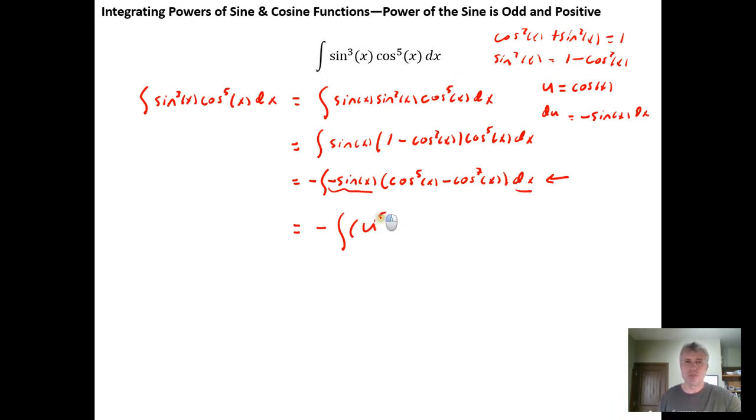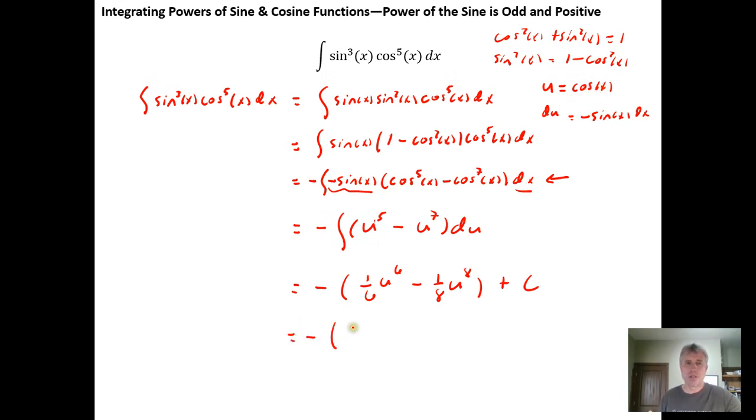So we would have u to the 5th minus u to the 7th du, and then we would integrate. We would get negative 1/6 u to the 6th power minus 1/8 u to the 8th power plus the constant of integration, and then we would just substitute our cosine x back in.